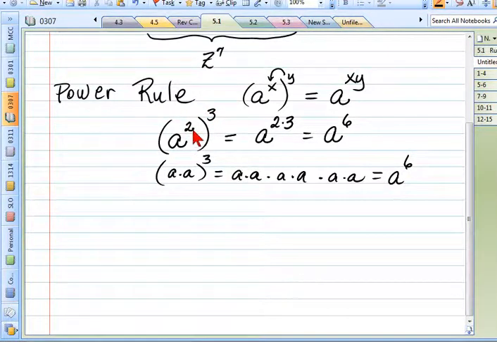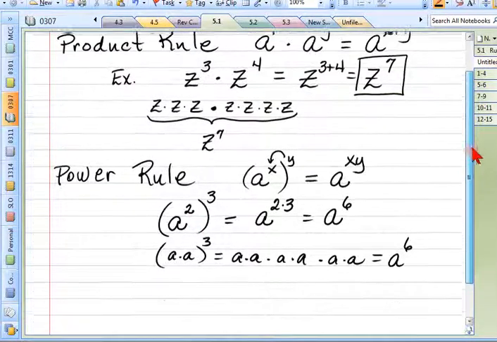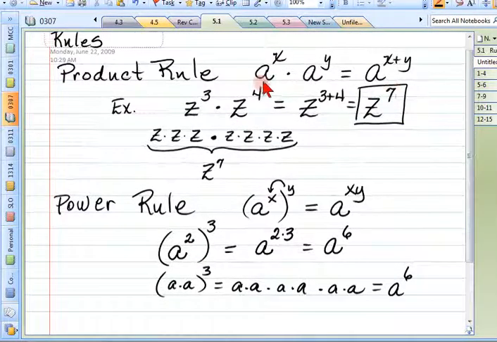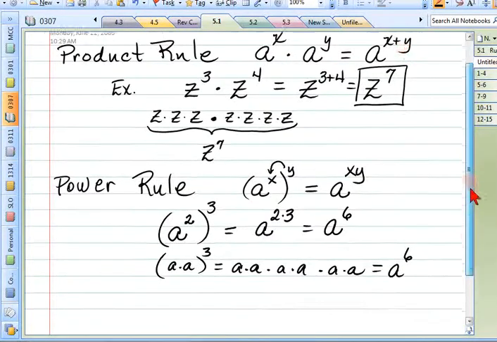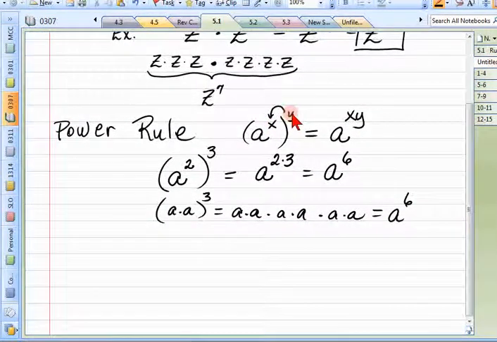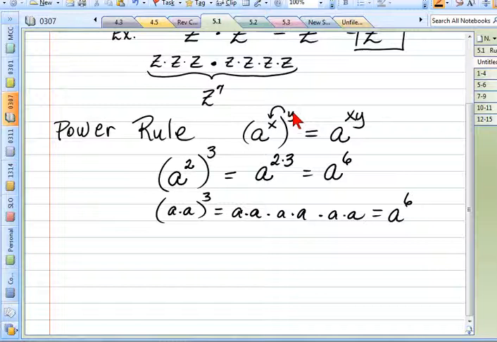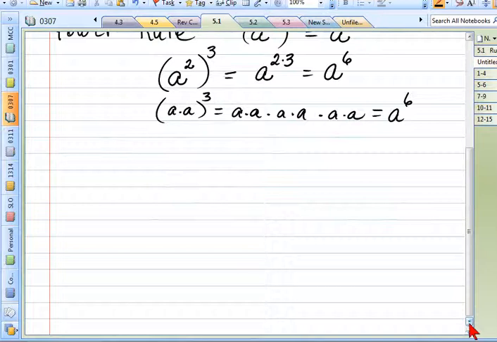Power rule, you multiply. So if I look back up, product rule, when it's a product of like bases, you add the exponents. When it is powers raised to powers, you multiply. There are 2 little, what are sometimes called corollaries to this power rule, which means they're kind of sub-rules.